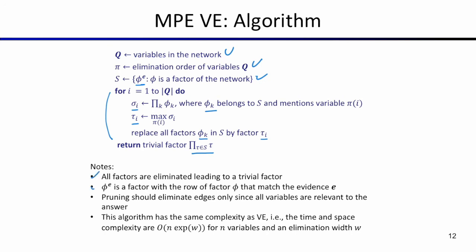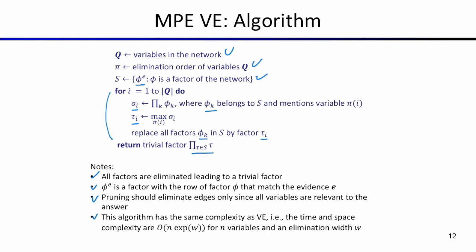So this phi e here is the factor phi that we have in the network with the rows that do not match the evidence removed. If we are doing pruning, we can only do edge pruning because we cannot eliminate any variables here. All variables are important to the answer. Remember that Q will have all the variables in the network, so we cannot prune any of them.